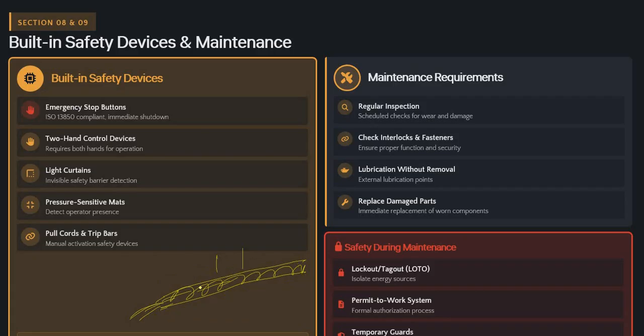In our day-to-day activities or in some videos, we see that someone places his hand inside here while feeding it, and the hand got crushed or amputated, whatever it is, it happens. Now these built-in safety devices are designed by safety by design.